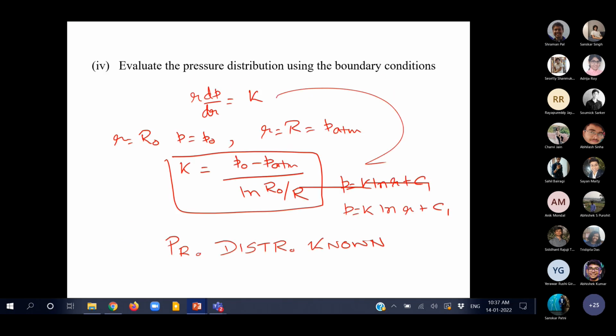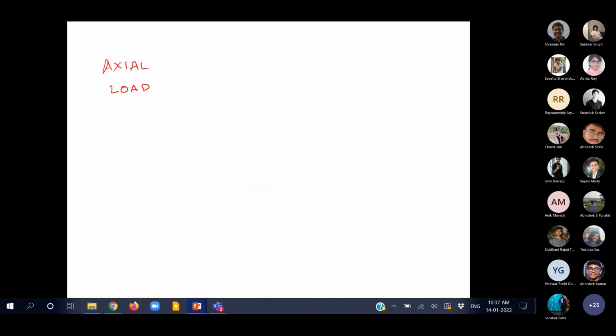So the axial load, as you have correctly identified, is going to be P minus P atmosphere, which is the effective pressure, multiplied by the area of this strip, integrated from R naught, the inner one, to capital R. That is going to be the axial load.